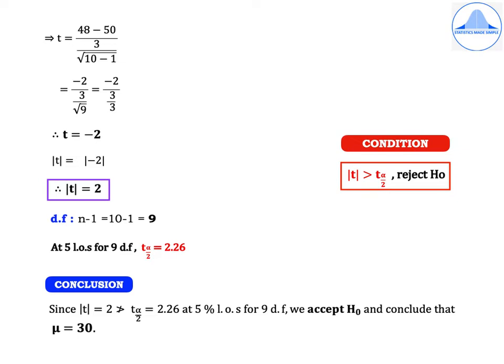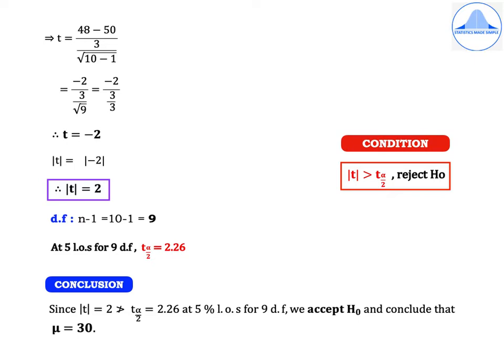Now that we have calculated t as minus 2, the next step is to calculate modulus of t, which is modulus of minus 2. Therefore, we get modulus of t is equal to 2 because the modulus of any negative number becomes positive. Next, find out the degrees of freedom, which is n minus 1, which is equal to 10 minus 1 equal to 9.